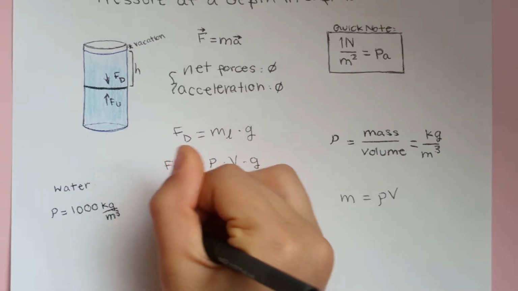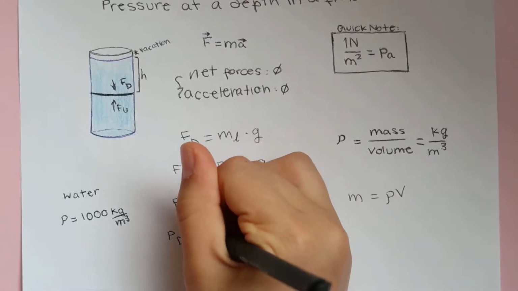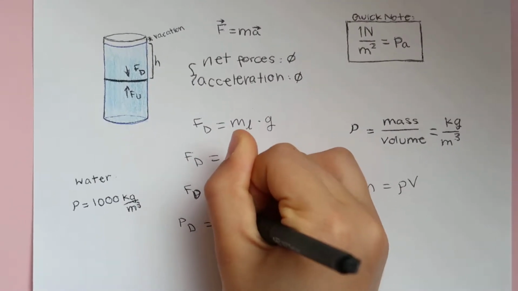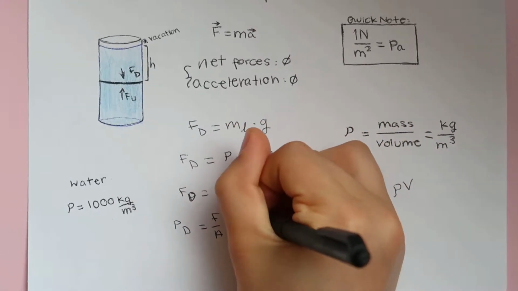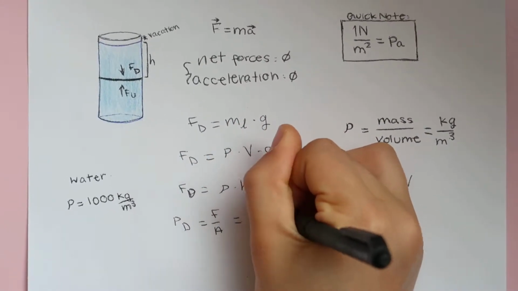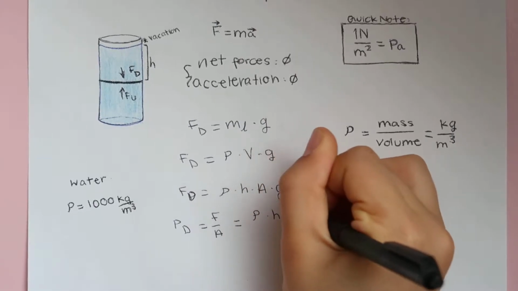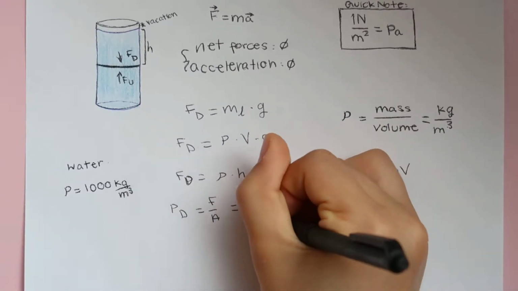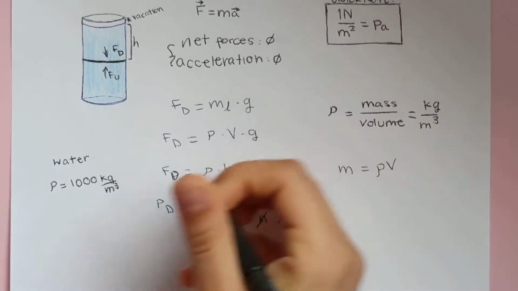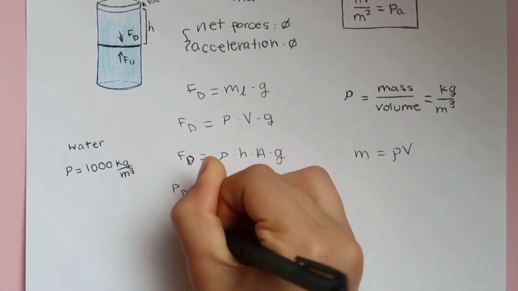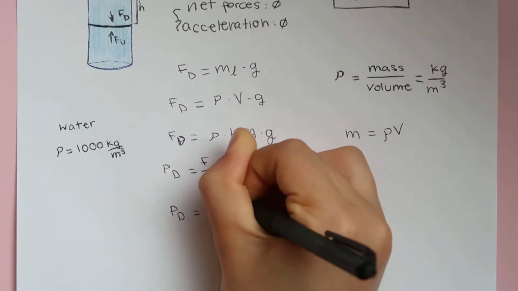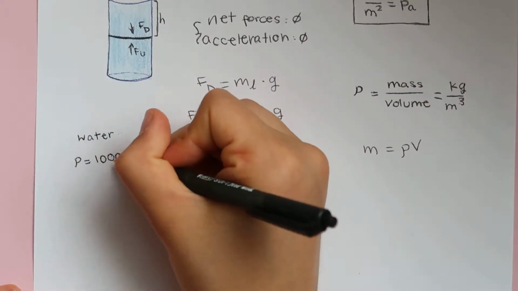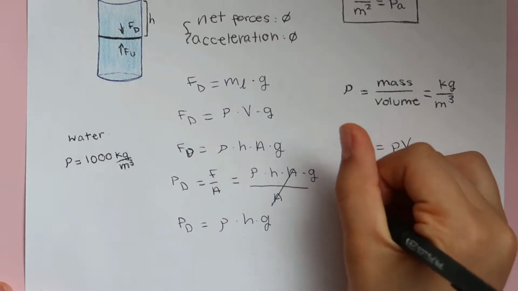The pressure downwards is equal to force over area, which means density times height times area times gravity over area, and this can be simplified to pressure down equals density times height times gravity. The density of water is 1,000 kilograms per meter cubed.